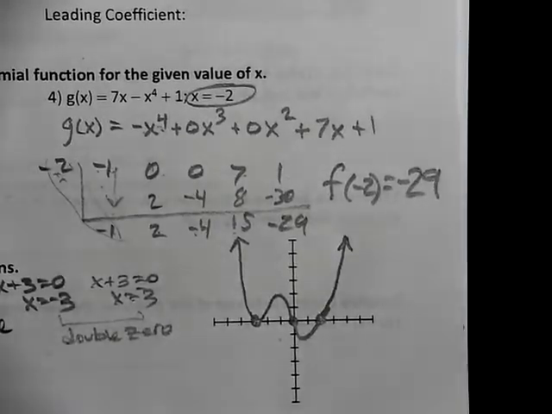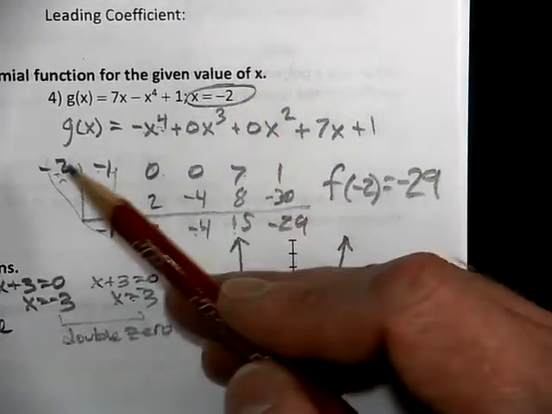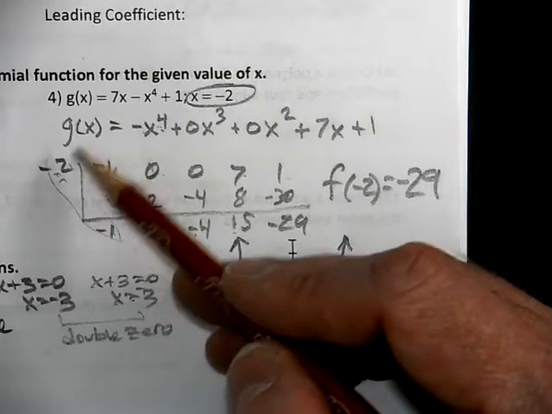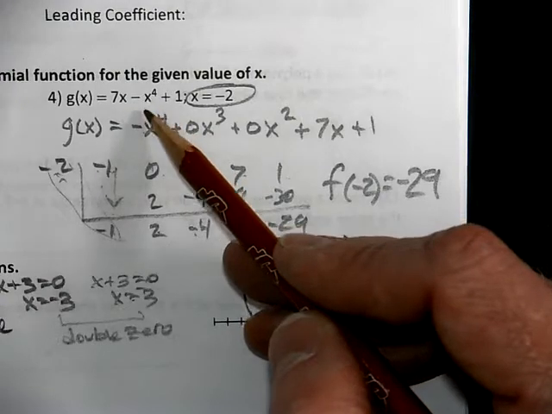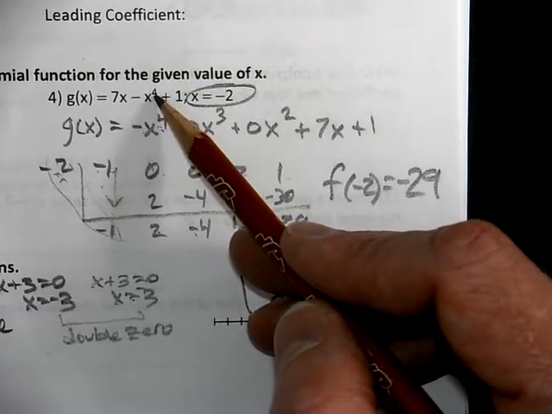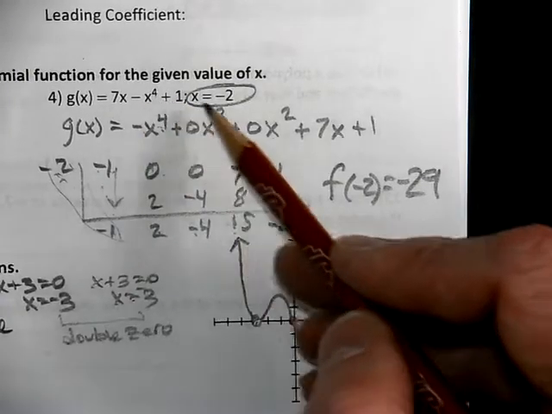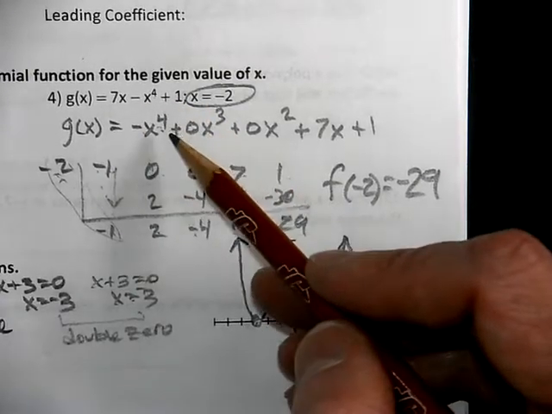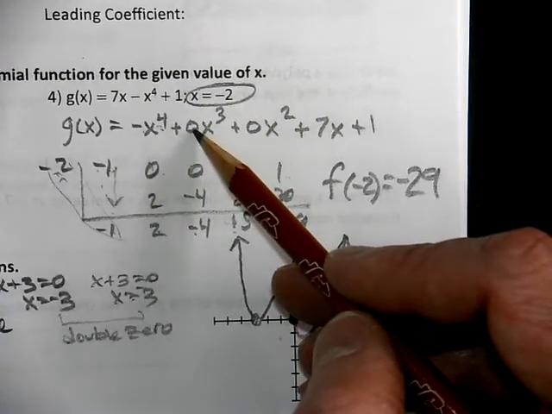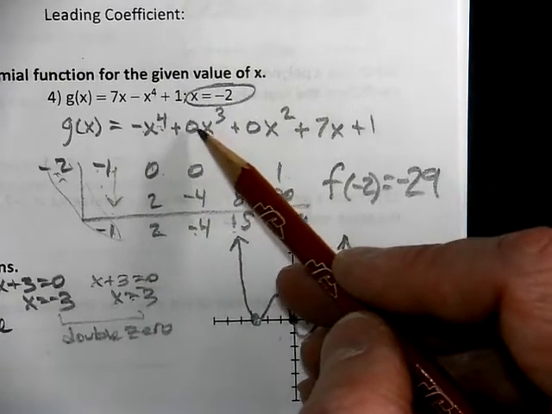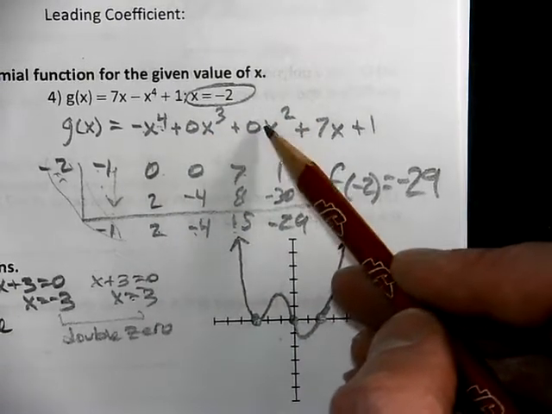I've already worked through this one, but we can see what x equals. X equals negative 2, so we place negative 2 on this side. Rewriting it in standard form puts the largest exponent first. Notice that there are no x cubes. So in this situation, when we're looking for coefficients, it's very important to identify that it's a 0 as a coefficient, and 0 for a coefficient of the squares.